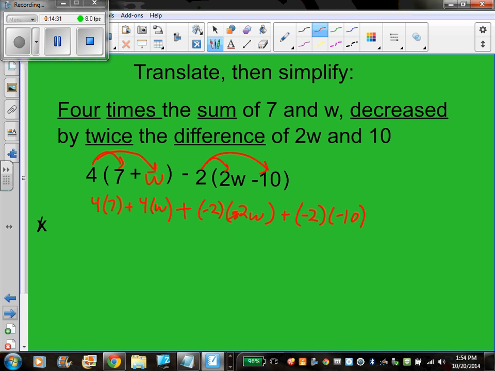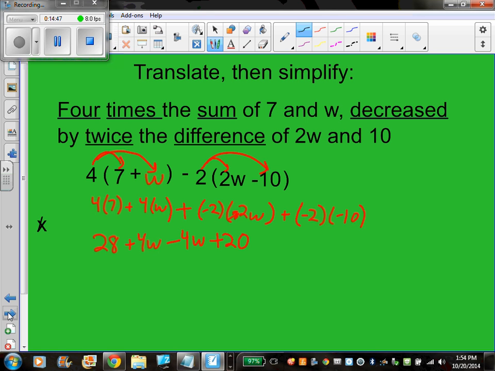All right, 4 times 7 is 28. 4 times w is 4w. Negative 2 times 2w is negative 4w. And negative 2 times negative 10 is positive 20.